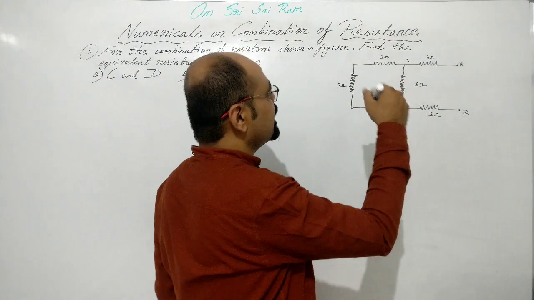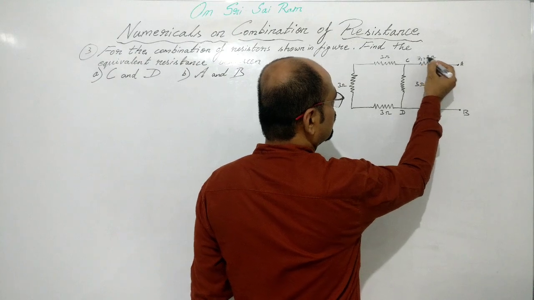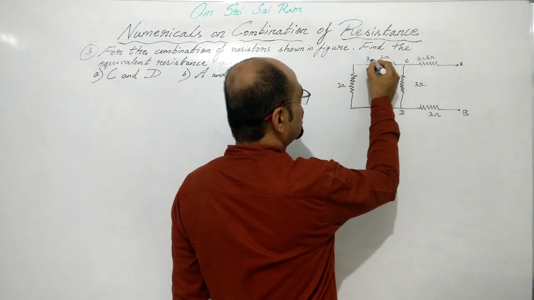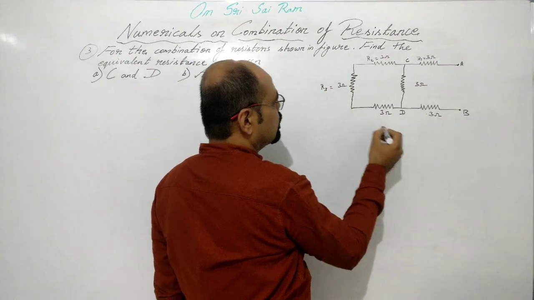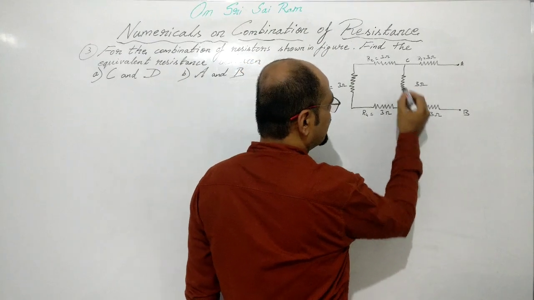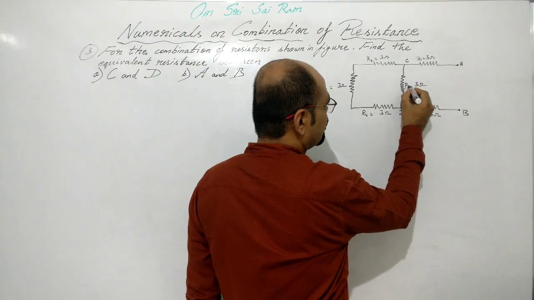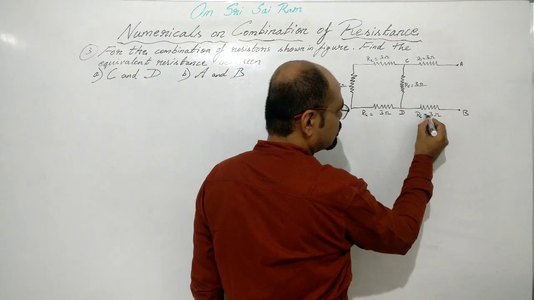So, let's give the names first. R1, R2, R3, R4, R5, we can take this as R5 and this as R6.